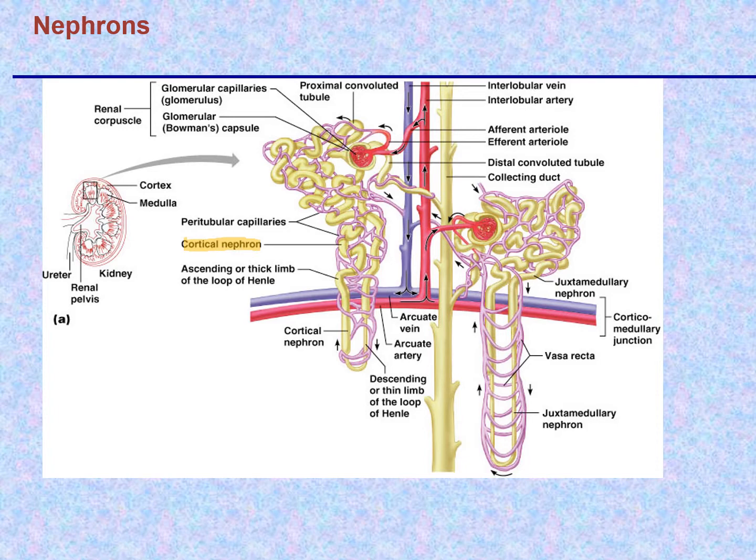Here, by the way, you see the corticomedullary junction, the boundary between the cortex, which is up here, and the medulla, which is down in this direction. These are the arcuate arteries and veins that form that boundary I mentioned.